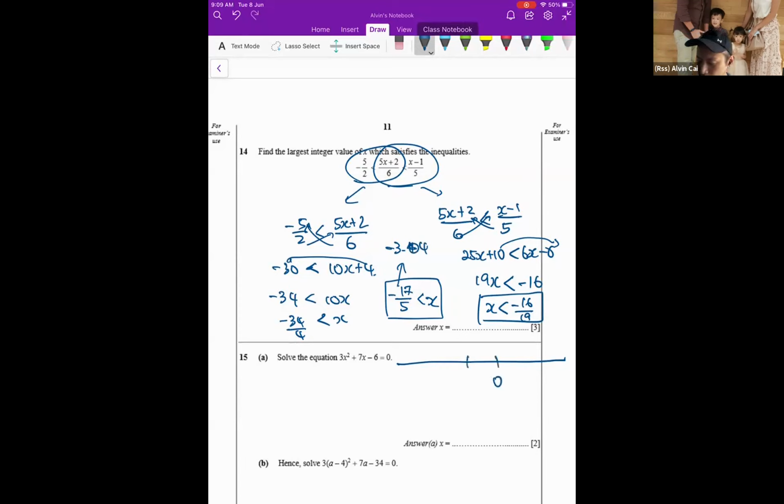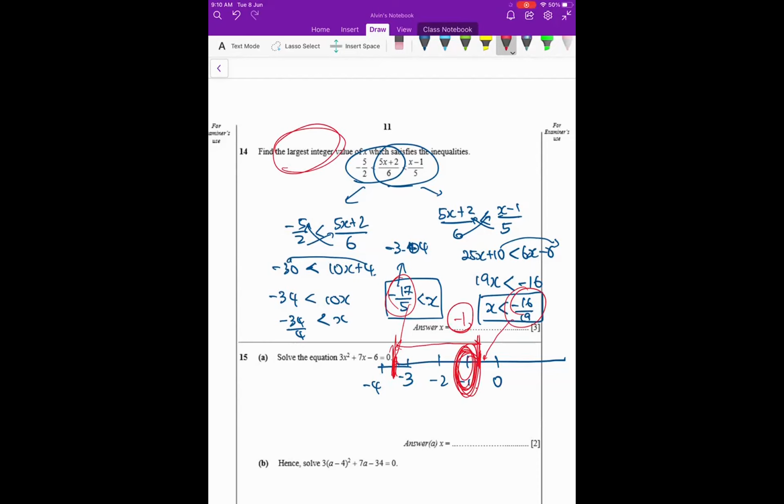If you look at this, minus 1, minus 2, minus 3, and minus 4, this value is somewhere here, and this value, minus 16 over 19, is somewhere here. So the range is from minus 0 point something all the way to minus 2 point something. The largest integer that they want, of course, will be the one nearest to the right hand side, which is minus 1.